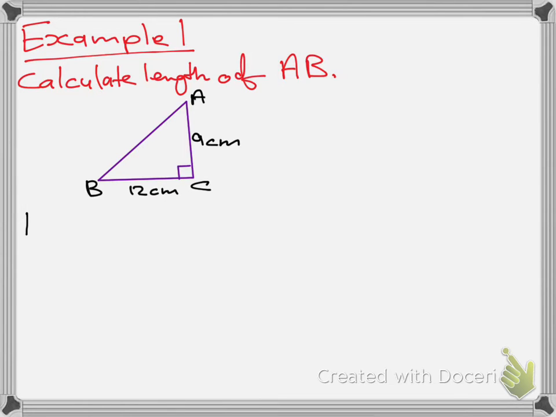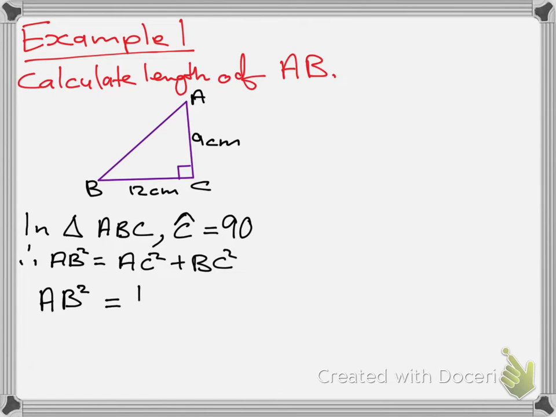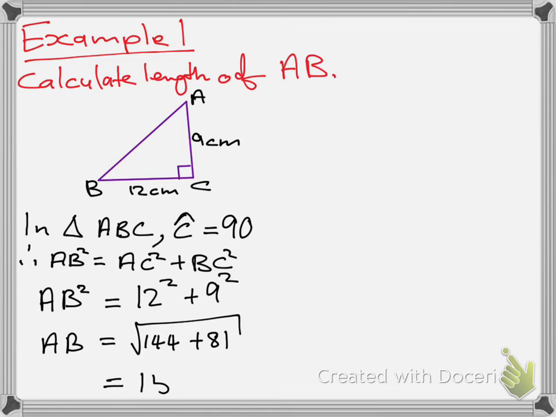We identify the hypotenuse as the side opposite the 90-degree angle C. So in triangle ABC, C is 90 degrees, meaning that using the Pythagoras theorem, AB squared will be equal to AC squared plus BC squared, which means the hypotenuse is equal to the sum of the squares of the other two sides, which are the legs. So we solve for AB, which will be the square root of 12 squared plus 9 squared, which gives us 15, meaning that our side AB will be 15 centimeters.